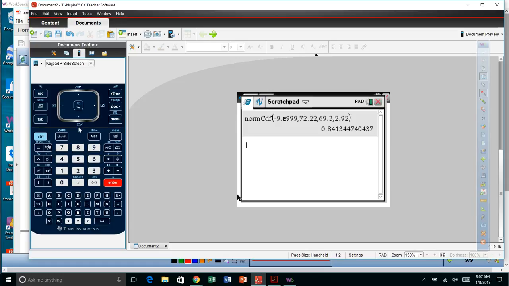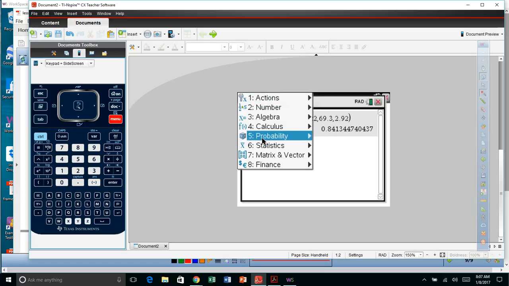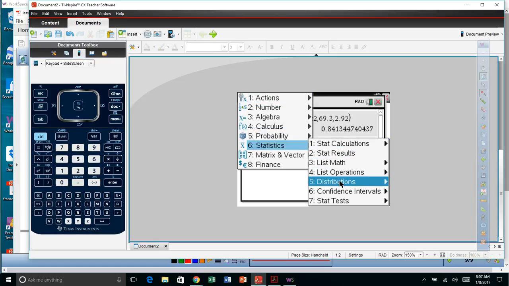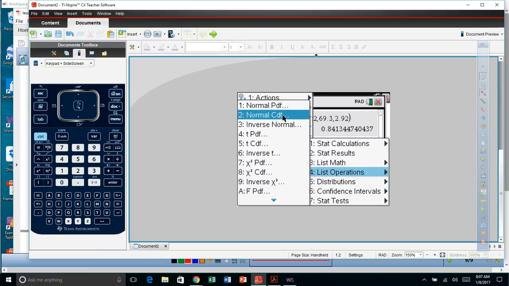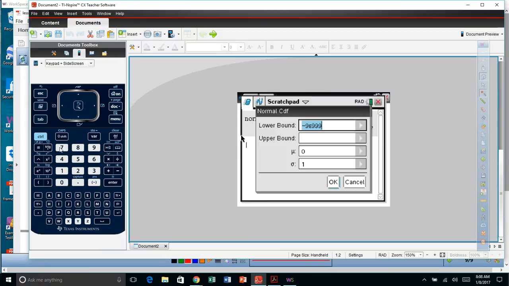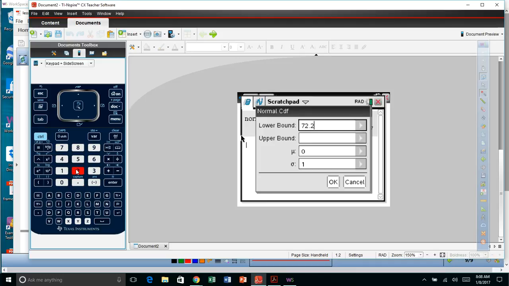You wanted it greater than, so that would be menu 6, 5, 2, and then we have 72.22, and then we want to go to positive infinity, so that's going to be 9 double E 99, then tab, 69.3, tab, 2.92.